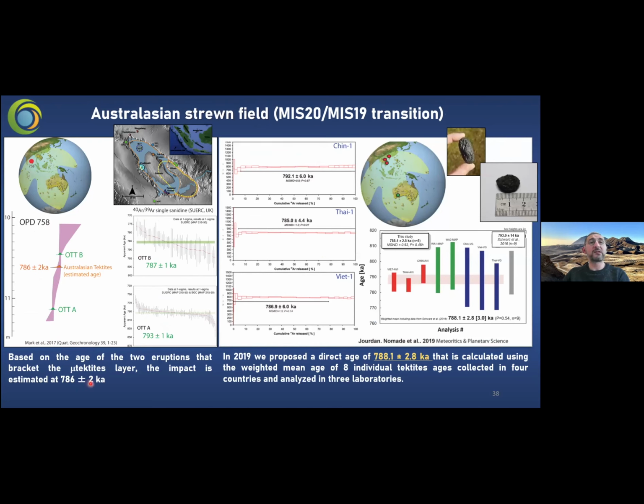So in 2019, with my colleague Aldeino and Fred Jourdan, we collected new tektites in 4 countries and analyzed them in 3 different laboratories: in Curtin, in Australia, at the BGC, Berkeley, and here. And we end up with a more precise and accurate age of 788.1 plus or minus 2.8.